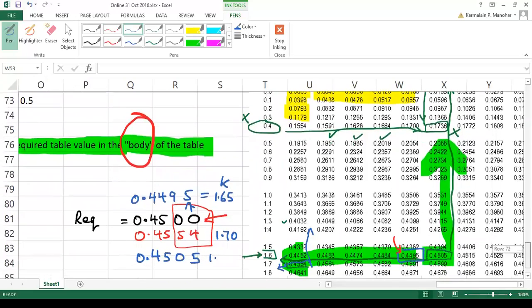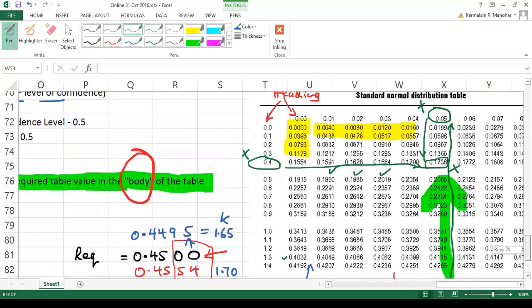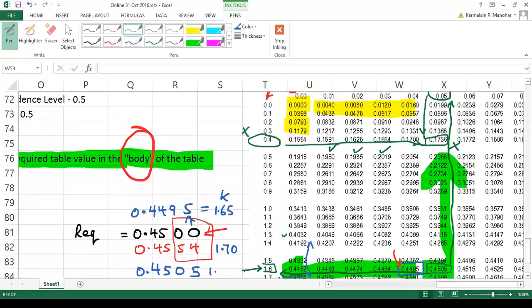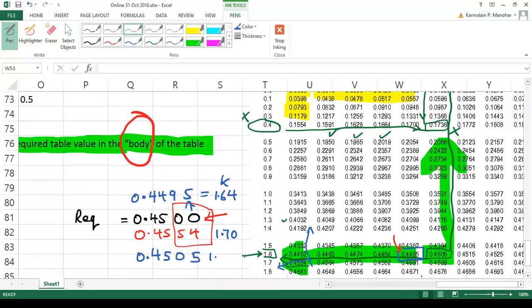Not 1.65, that's 1.64. 195, yeah, 195 is 1.64. So it's between 1.64 and the k value of 1.65. Those two are the acceptable outcomes or results of looking for your k value.